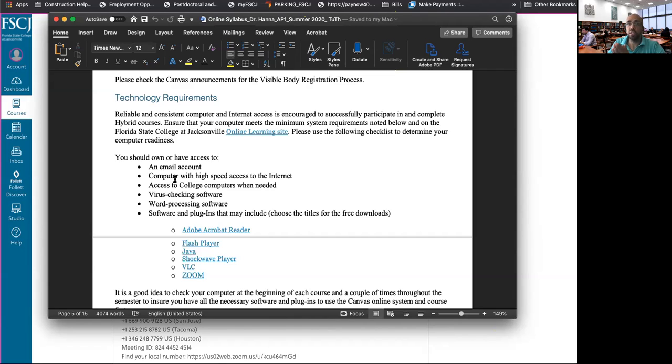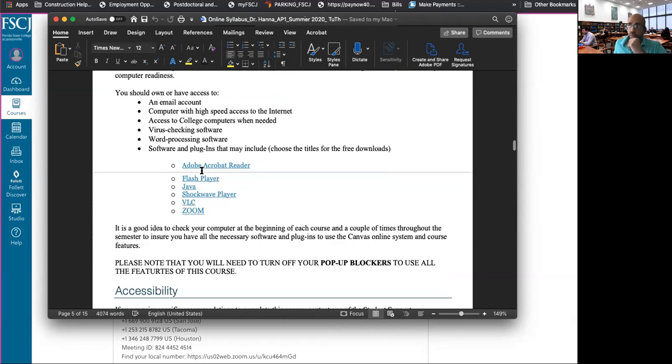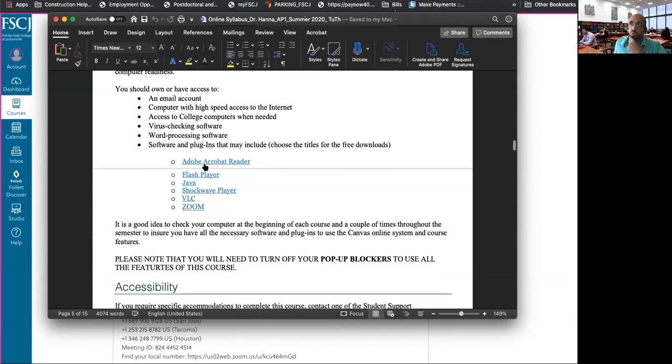It needs to be a full operating system, not a mobile operating system. You need to use either Windows on a PC or Mac OS on a Mac computer, either a desktop or a laptop. Please also make sure to download the Adobe Acrobat Reader, which is a PDF reader.